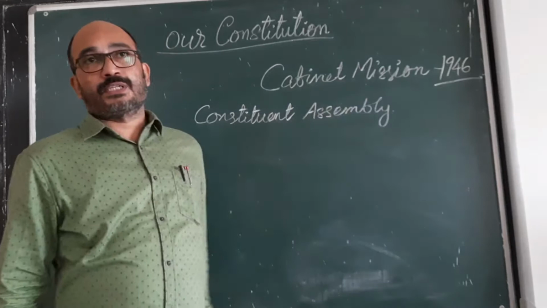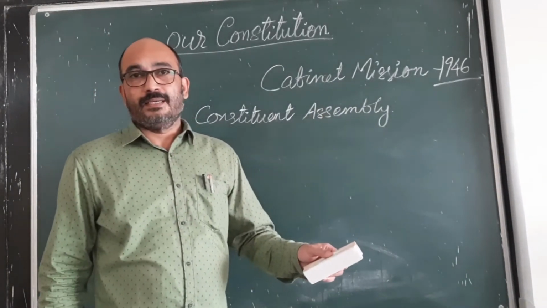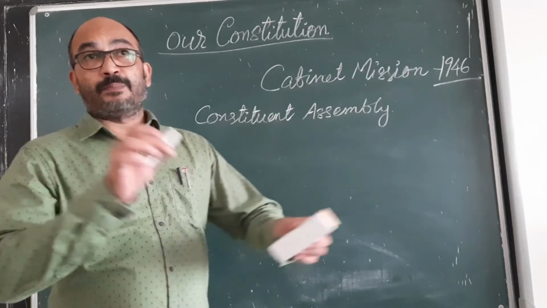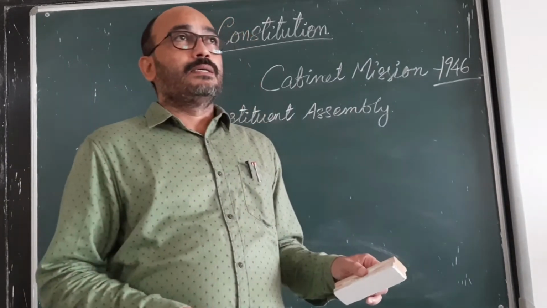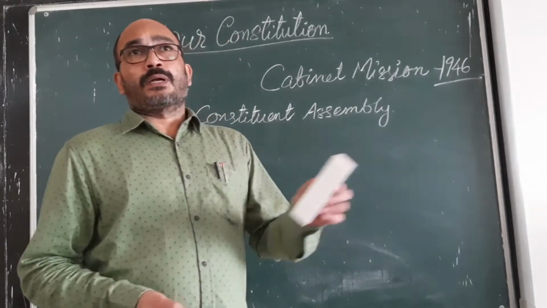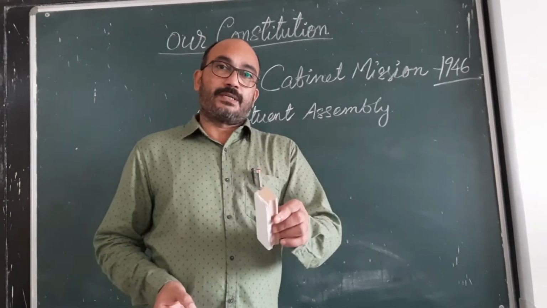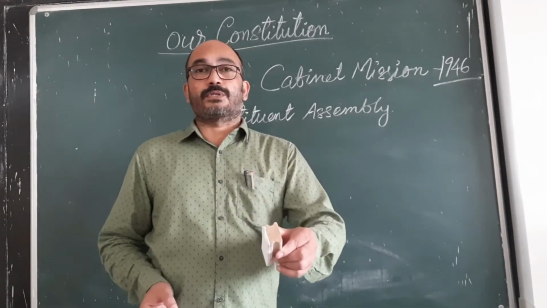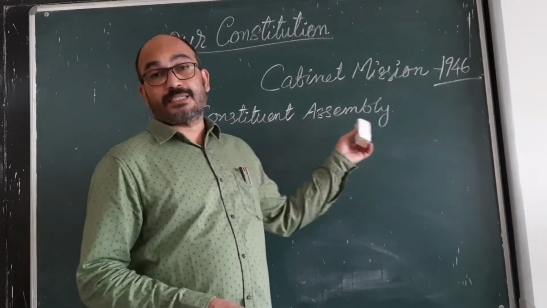What for this constituent assembly? In order to make a constitution. Okay. If there is no constitution, the administration of India would not be possible and would not go smoothly. India was a very big nation at that time. That's why, to run the administration of India, a constitution is a must. And in order to make a constitution, they decided to make a constituent assembly.